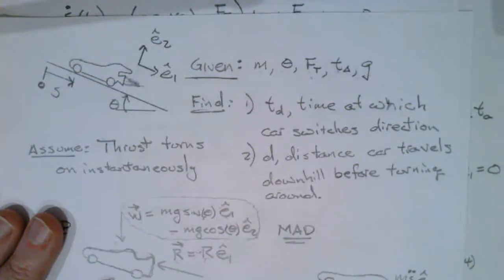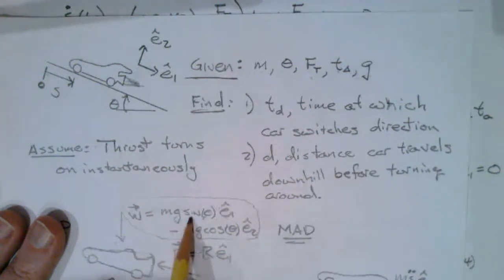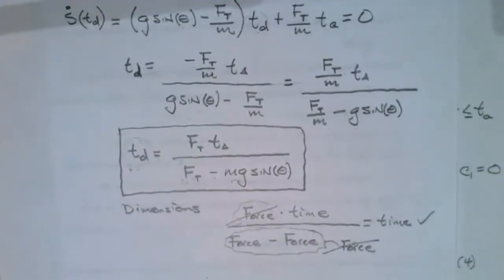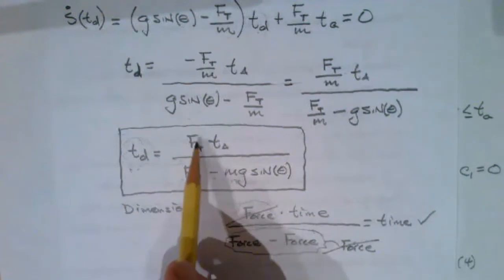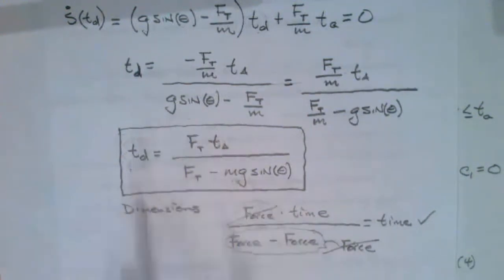And the rocket force in the E hat 1 direction has to be bigger than the weight in the E hat 1 direction. Otherwise, it would never slow down the rocket car, and it would never turn it around. So I need Ft to be bigger than mg sine theta. Since Ft is bigger than mg sine theta, this denominator is positive. And also, guess what? The numerator is positive. That's cool. So therefore, TD is positive, right?